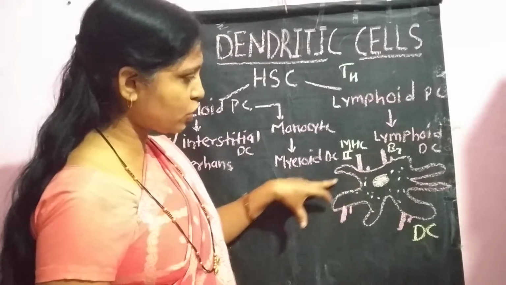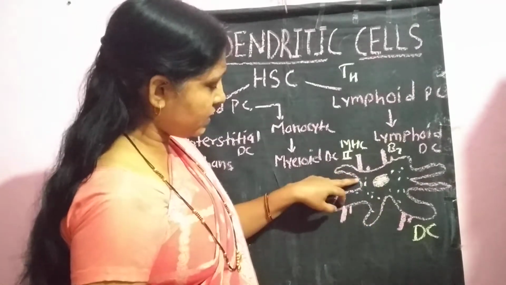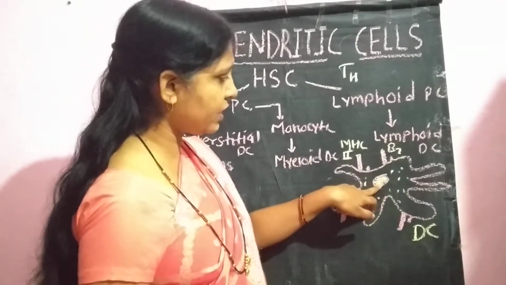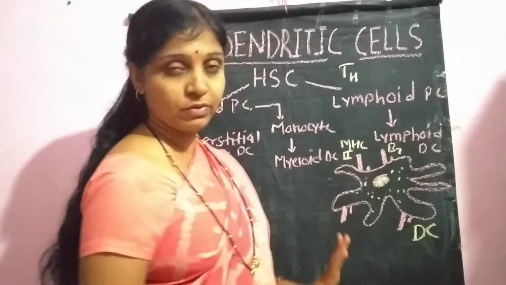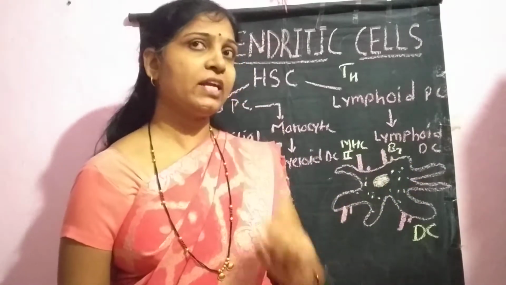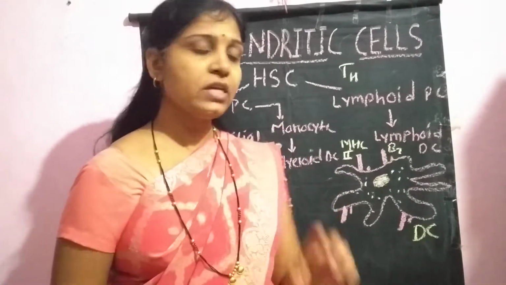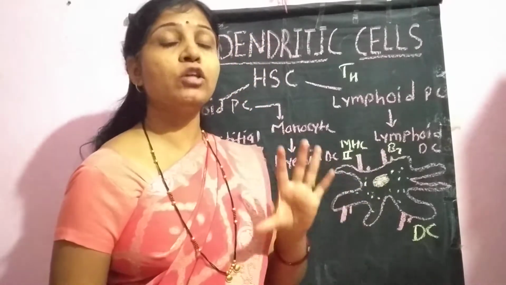Here is the complete structure of these dendritic cells. Here these are the membrane extensions which look like the dendrites of the nerve cells. Then here the nucleus and the different cellular organelles are present within the cells. Now the major characteristic of these dendritic cells is that they express receptors on their surfaces.